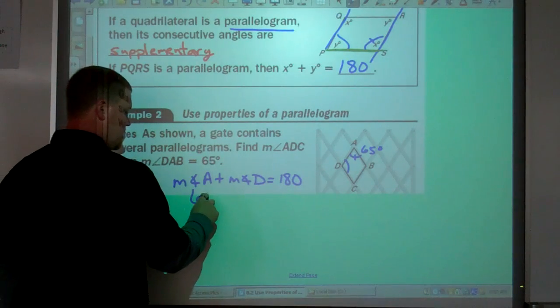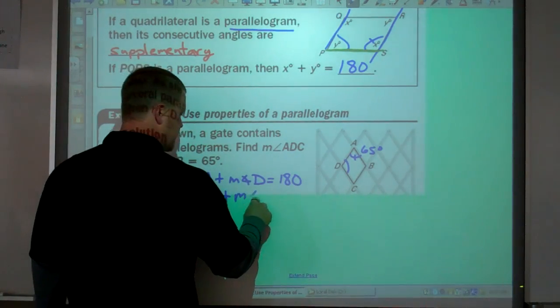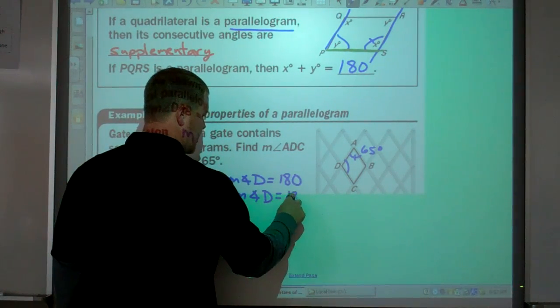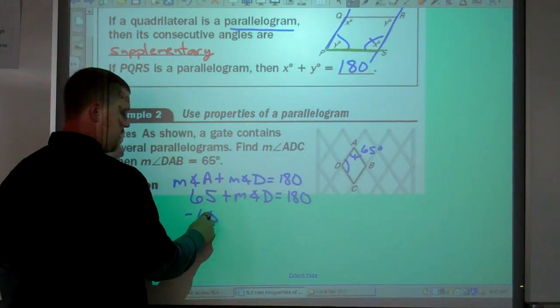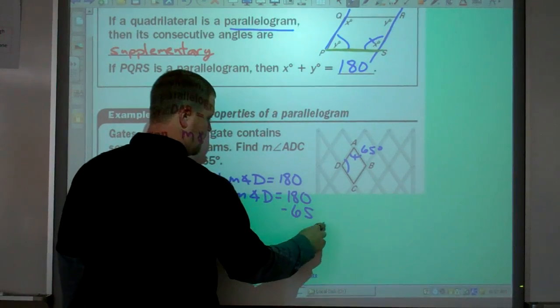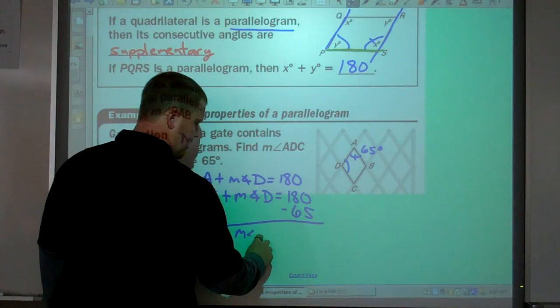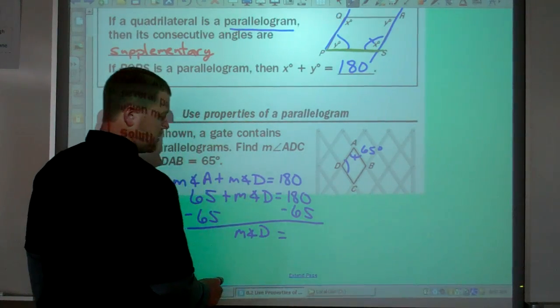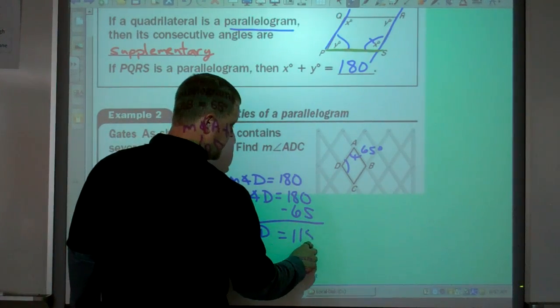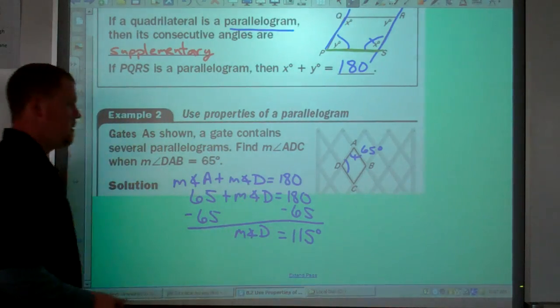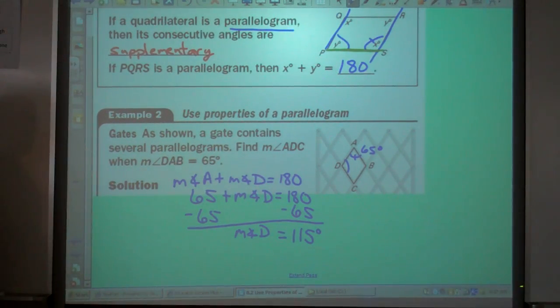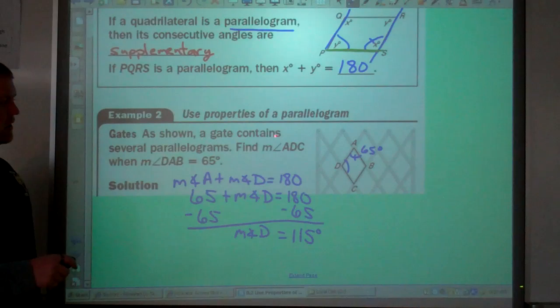The measure of angle A is 65, plus the measure of angle D equals 180. So subtract 65 from both sides. The measure of angle D equals 115 degrees. And the measure of angle D is the same angle as angle ADC.